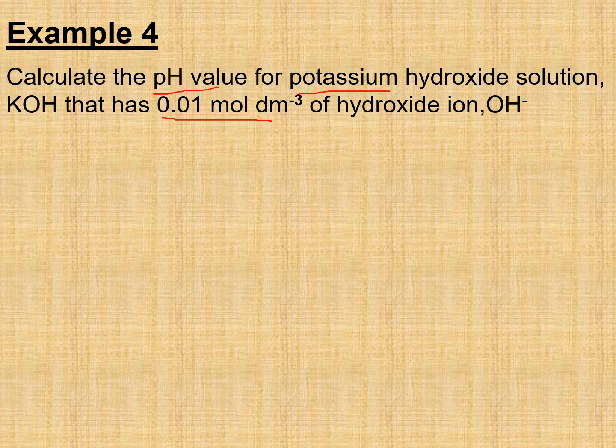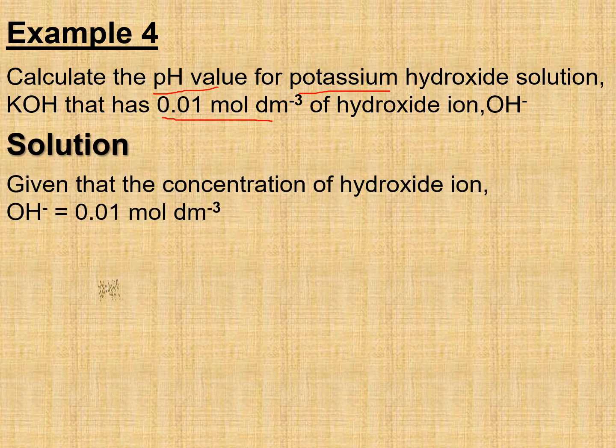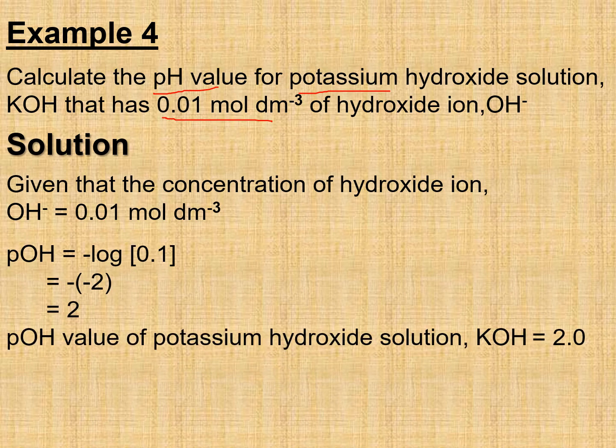to calculate this question. Okay, solution, the concentration of hydroxide ion is 0.01 mole per dm cube. So pOH is equal to negative log concentration of OH minus ion, which is 0.01. So log 0.01 is minus 2. Okay, so minus times minus is 2.